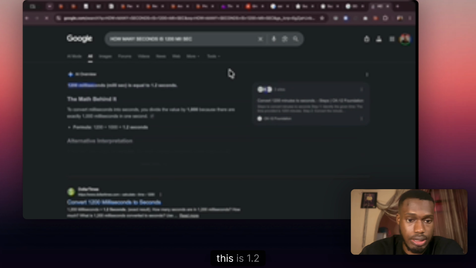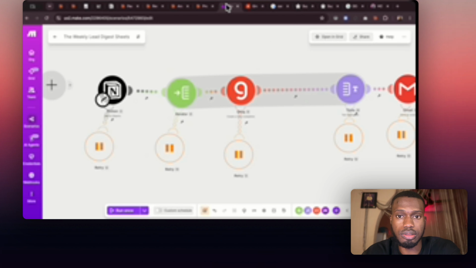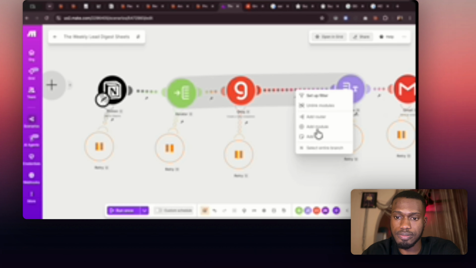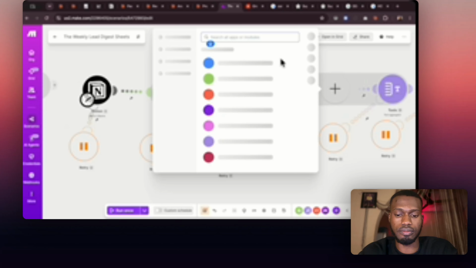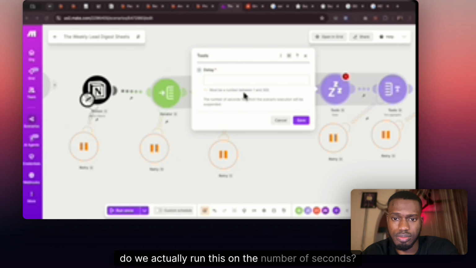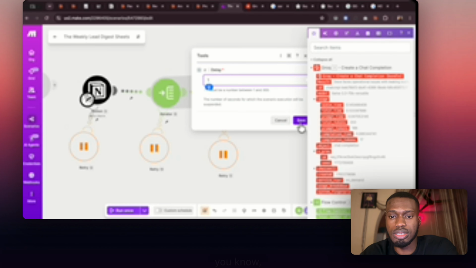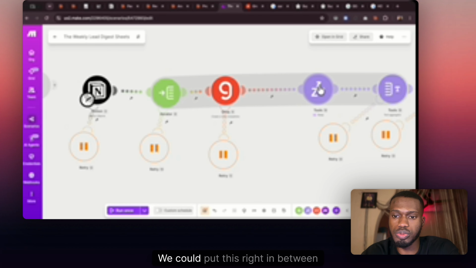Okay, so this is 1.2 seconds. Alright, this is still okay. We could set a module here, and that is sleep as well. This runs on the number of seconds, so it's more or less 1 second. We could put this right in between.